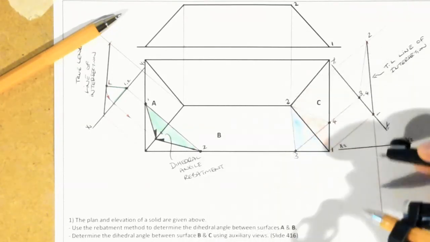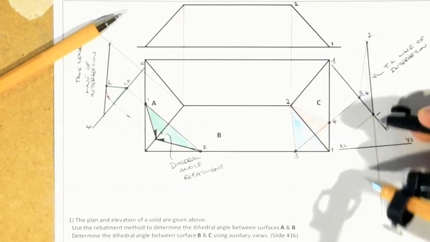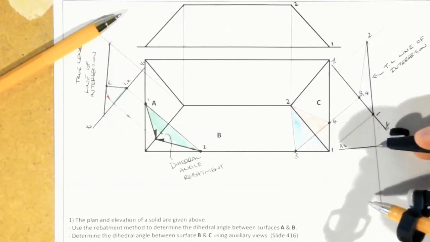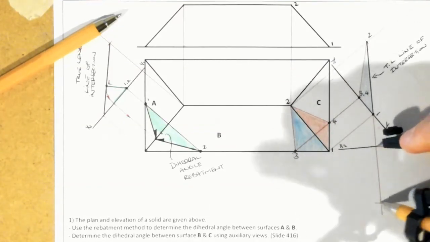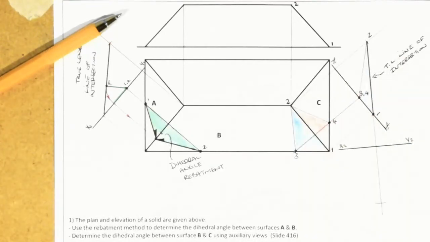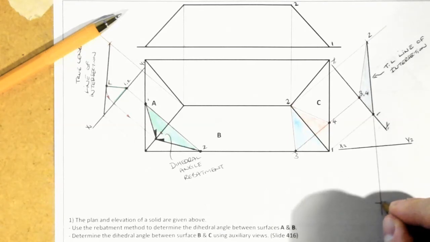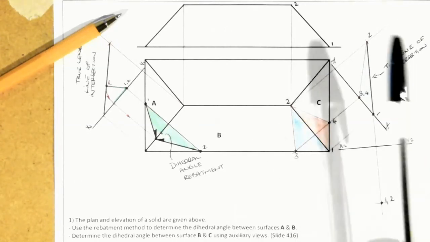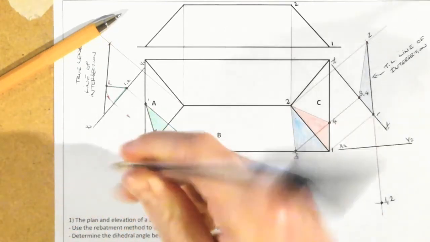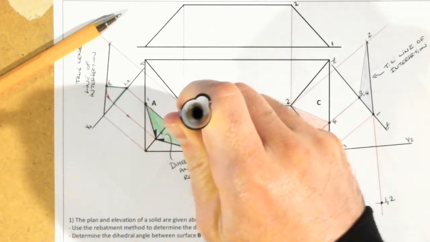So when we project it out off the x2, y2, along this line here, we now see the point. This is the line of intersection as a point view, with 1 and 2 in the same position. That's essentially like looking at a line and seeing it as a point.